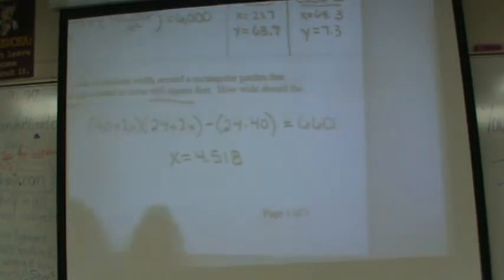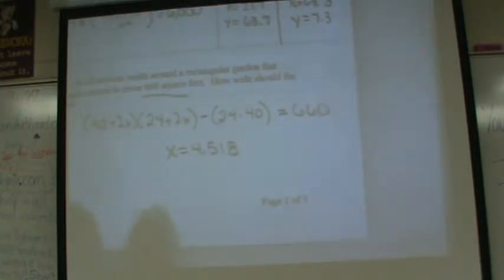How many of you guys got this answer? Check these numbers out again. Let me see your calculator. You have 24 plus 2x minus, oh, I know why. You did 20 times 40 in parentheses. You typed it wrong. It's 24 times 40. That's why. There's your error.